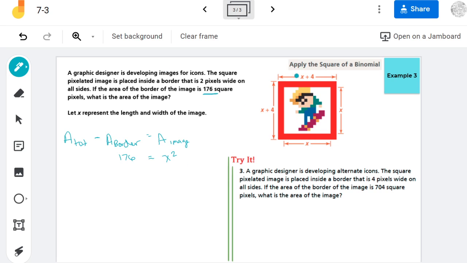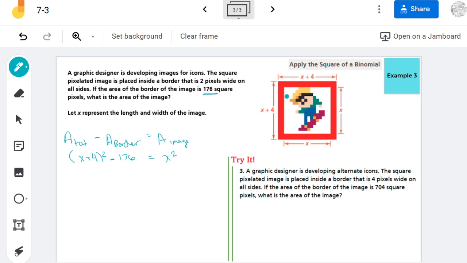And so they're getting this side here, x plus 4, by saying that this distance is 2 units to the side. So my area total is x plus 4 squared. So there's my little formula.